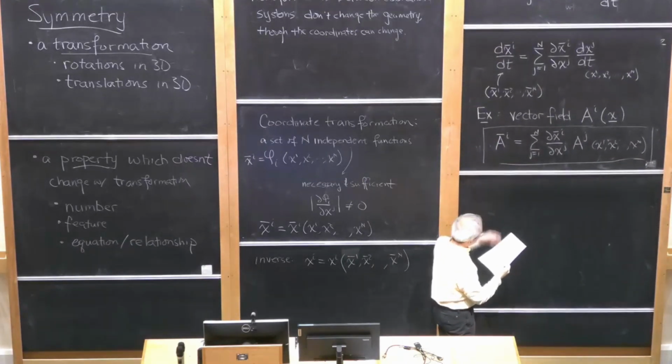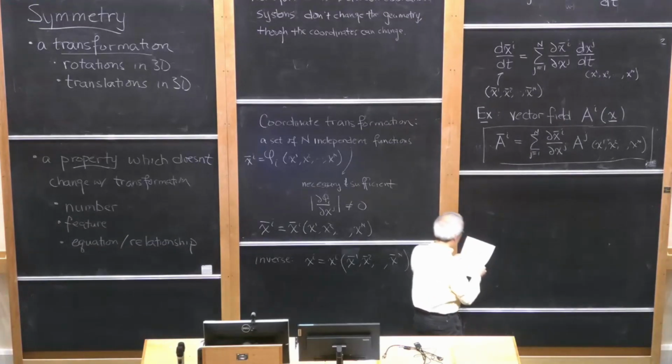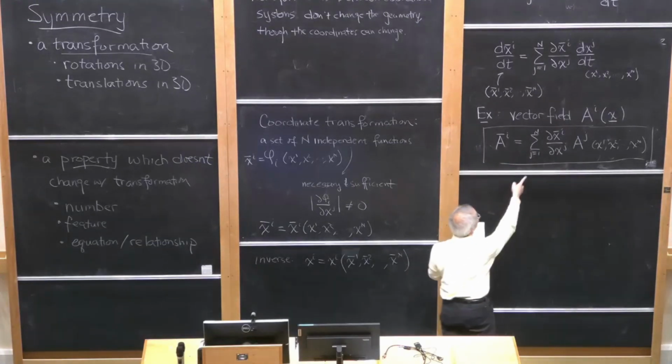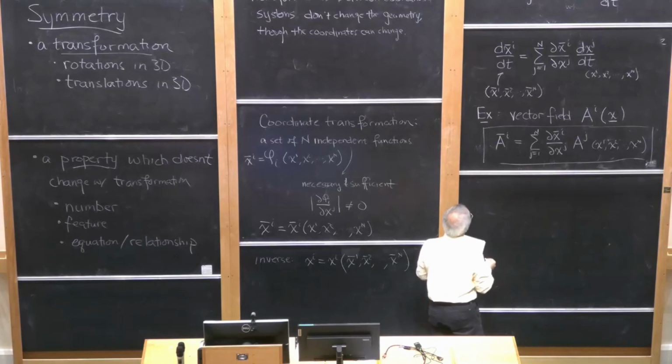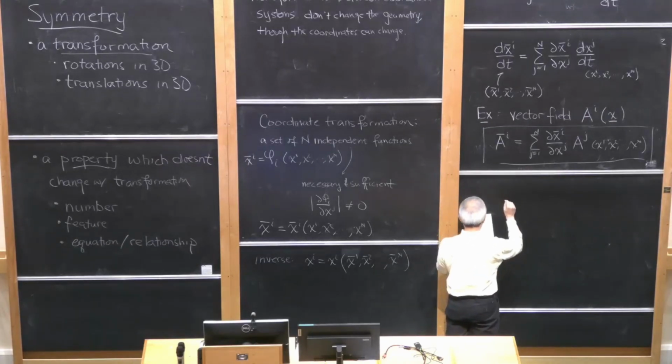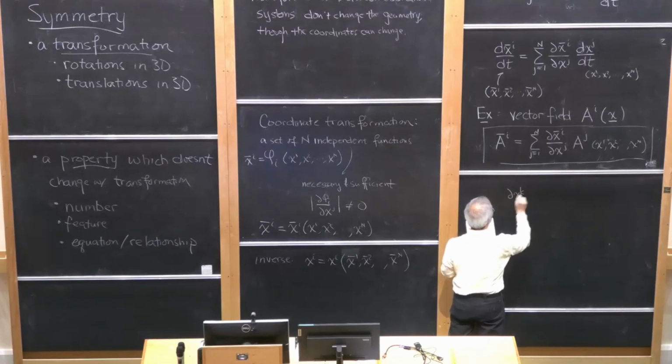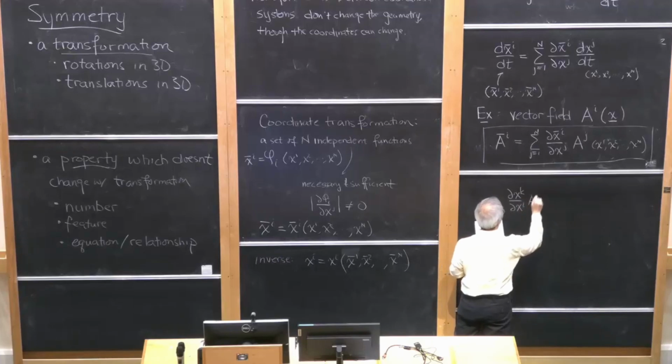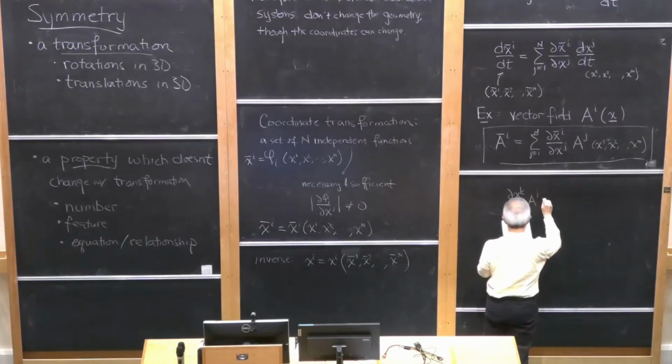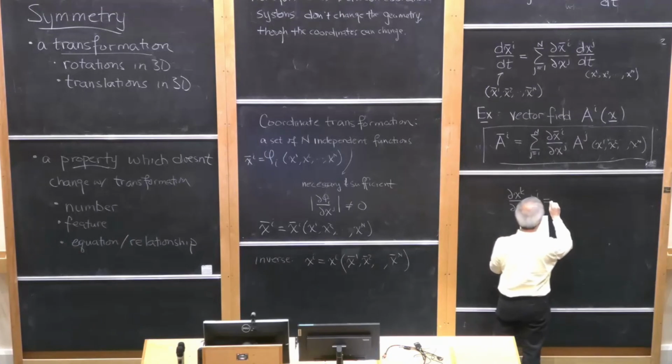And we can also, of course, do things like invert the transformation. So if we started off with this rule, in order to invert, we multiply by dxk over dx bar i. First we'll do that multiplication.